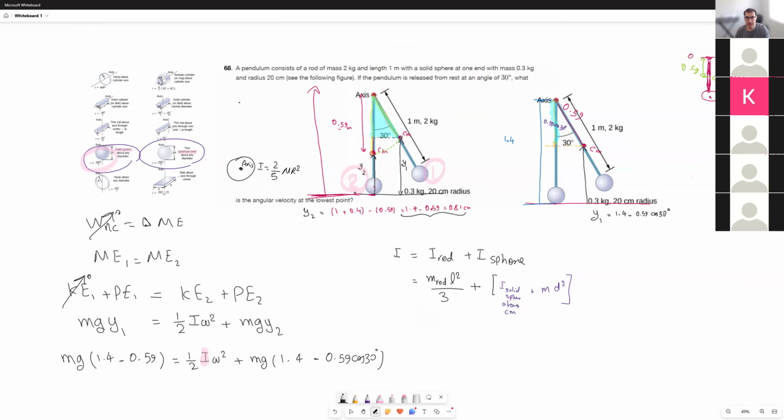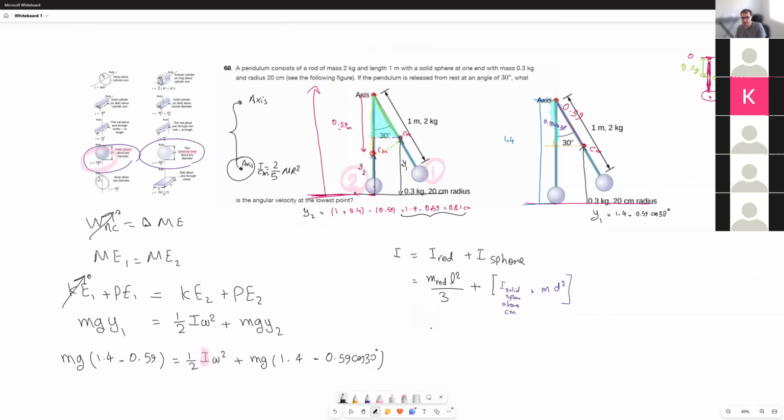But if the axis is here, you have to add the distance between the two axes. This axis is passing through the center of mass, so you can use the parallel axis theorem from the previous problem that we went over. It was one or two problems ago. The distance between the two axes.